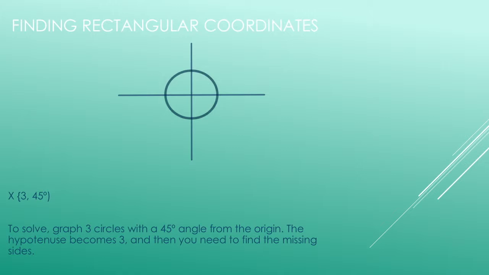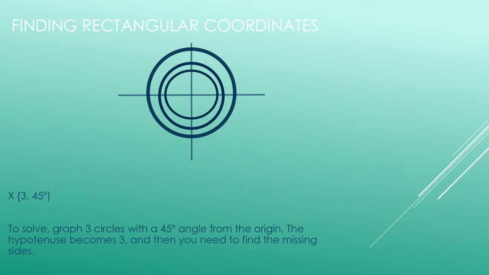So, circle number 1, circle number 2, and lastly, circle number 3. Now we will draw our 45-degree angle. We're going to turn that into a triangle, and we're going to show that that is 45 degrees with a hypotenuse of 3.